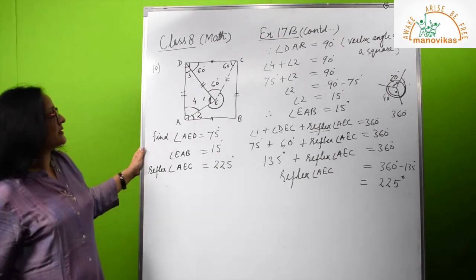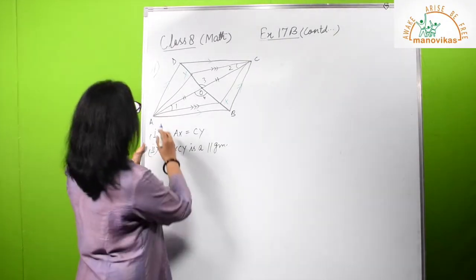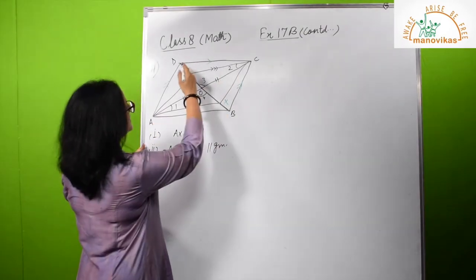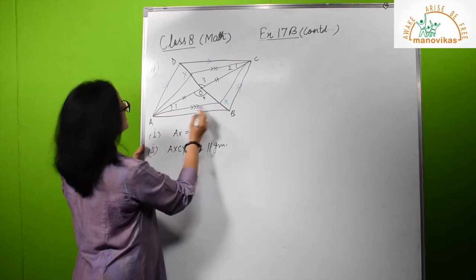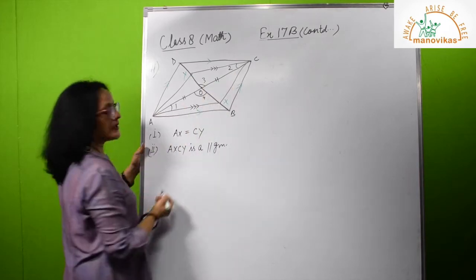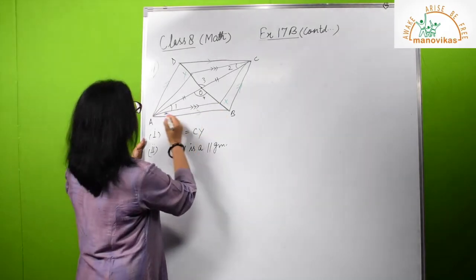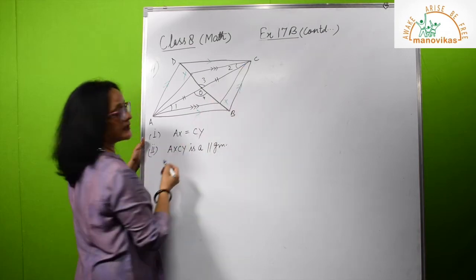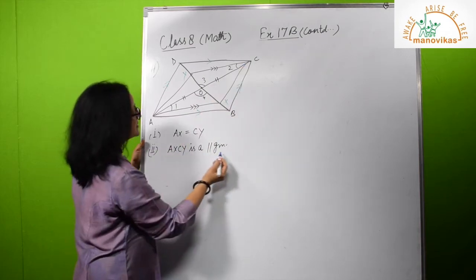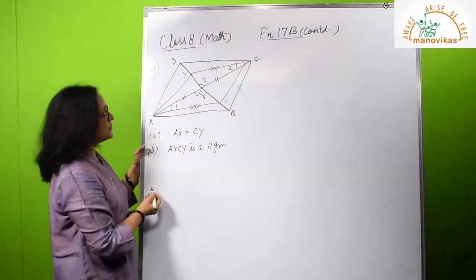Now we are taking another. This is question number 11. In this question you are given a parallelogram ABCD, and inside this parallelogram one more figure is given, AXCY. In this figure you have to prove that AX, this line AX, is equal to CY, and AXCY is a parallelogram. This also you have to show.